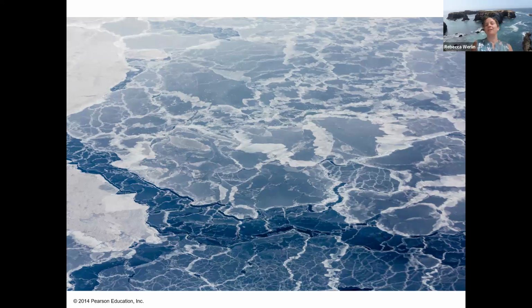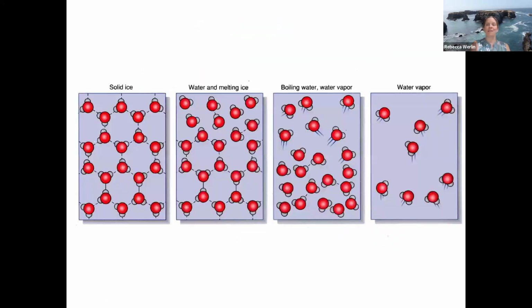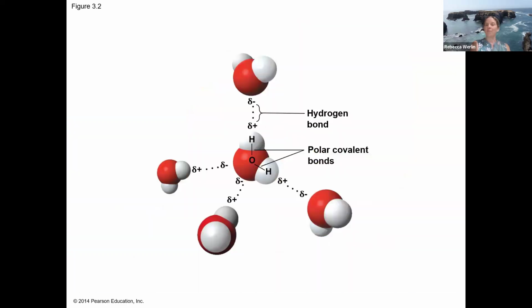So when we have something like sea ice forming out in the Antarctic Ocean or in the Arctic Ocean, it's going to form in salt water. Now, when I showed you guys the lattice structure of water, as you can see, that's all simple water molecules. So when pack ice forms out on the ocean, water molecules still want to form this lattice.